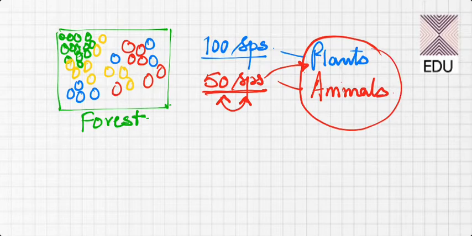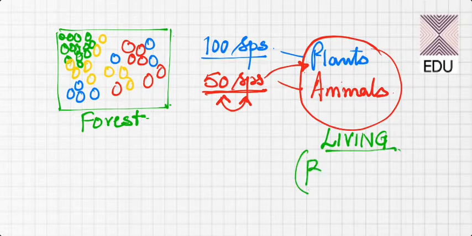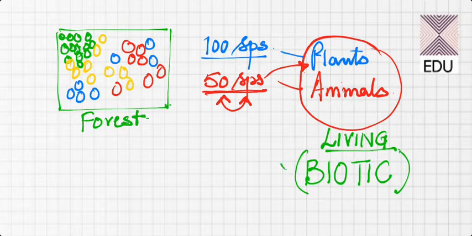Now these two things, the plants and the animals, are the living component of the forest. This living component is what we call biotic factors. So these are the biotic factors, animals and plants.